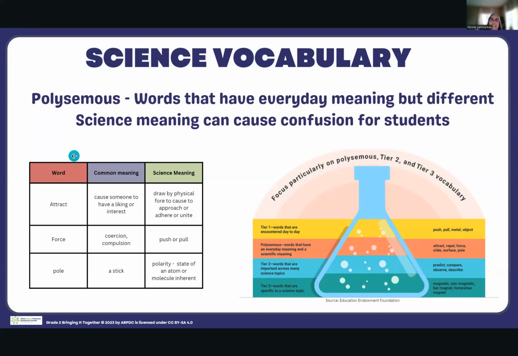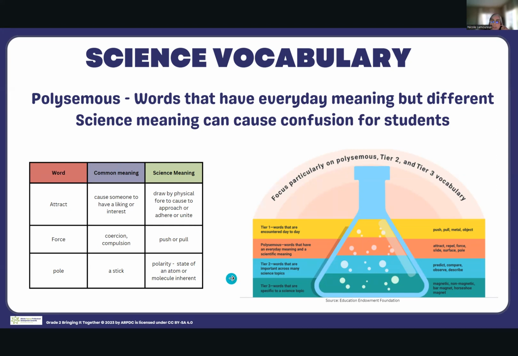What came out of that report, and I learned a big word for an idea I knew about, is that some science words are used in everyday language but have a double meaning: an everyday meaning and a science meaning. They're called polysemous words. Force is an example. Students can be confused because when they hear the word force, they think of me forcing you to do something, but in science we know it means push or pull.